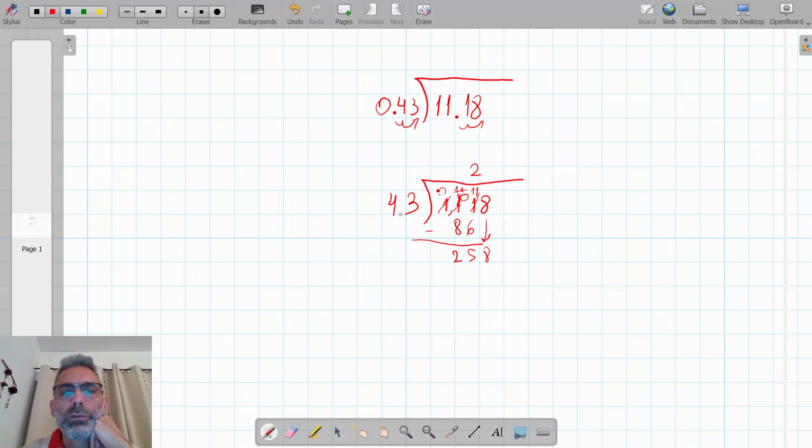How many times 43 goes into 258? Let's see. 6 times, yes, 6 times. 6 times 40 is 240. 6 times 3 is 18 more. 240 and 18 is exactly 258.